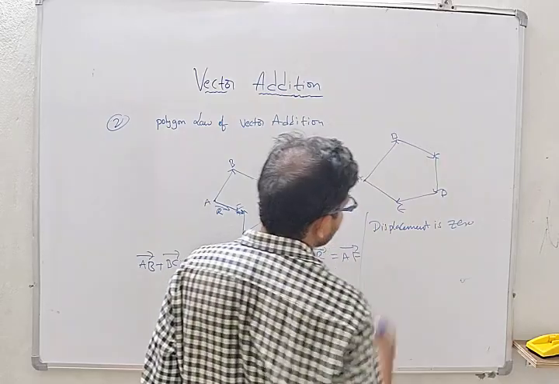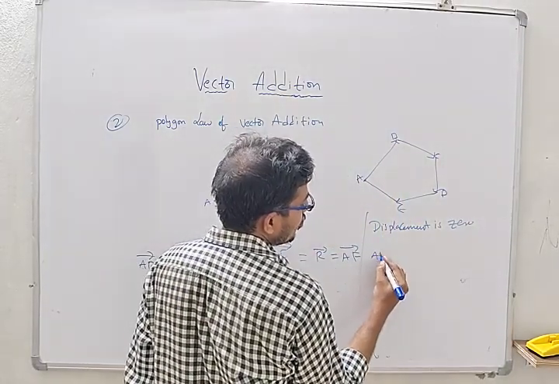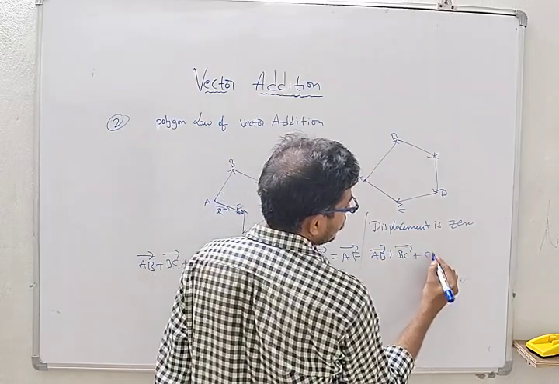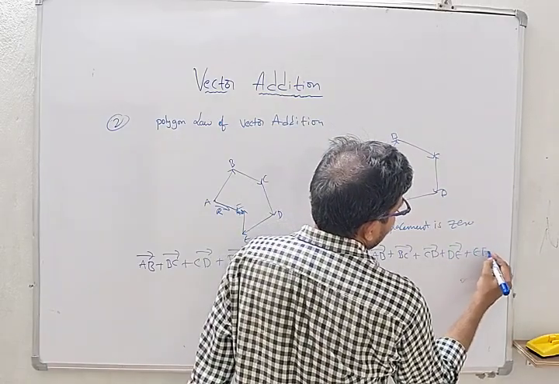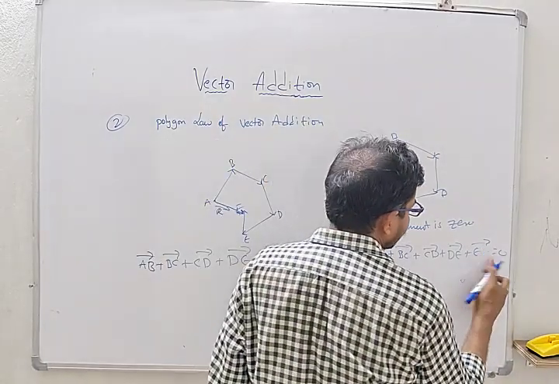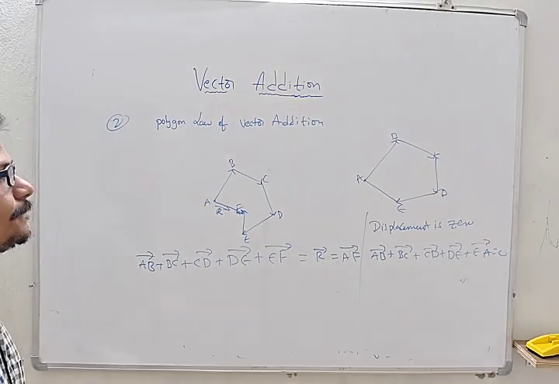When displacement is 0, vector addition must be 0. So AB plus BC plus CD plus DE plus EA is equal to 0. Okay, note this.